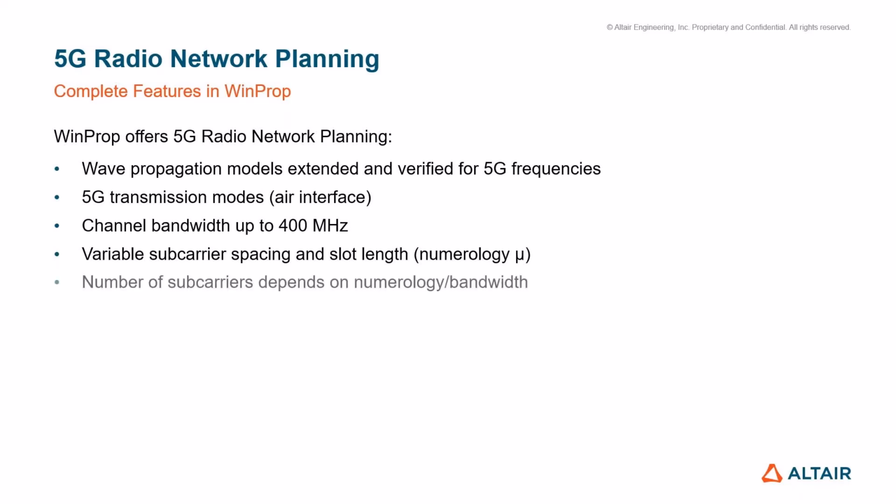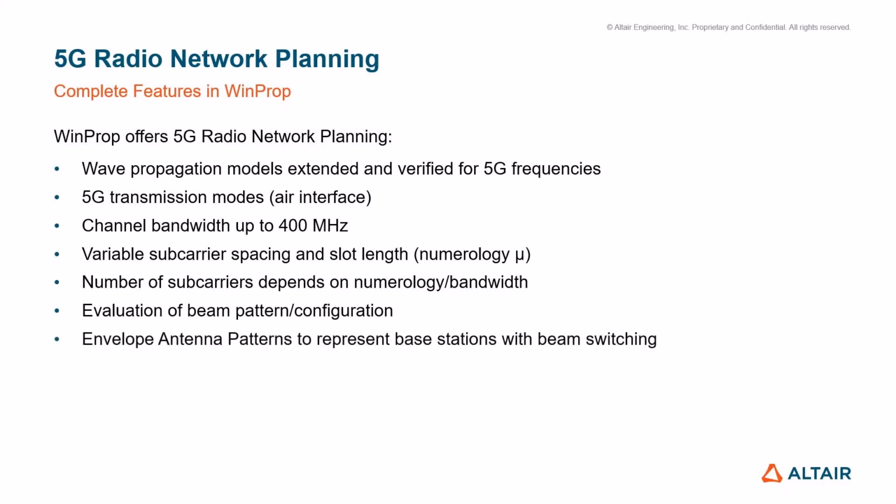Usually all these parameters are configured using the WinProp GUI when defining a new 5G radio planning project. Based on this, the user can simulate different beam pattern configurations and also evaluate them regarding the signal and interference situations, as well as possible throughput.